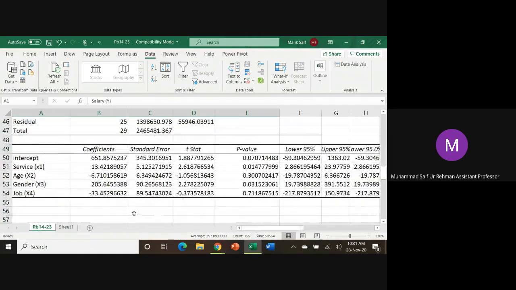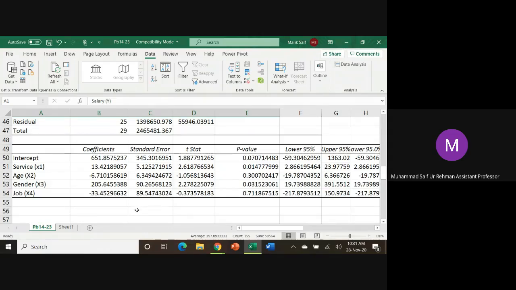So as we are interested in doing things manually, it would be better if we only take into account two variables instead of four. So that will make things easy.